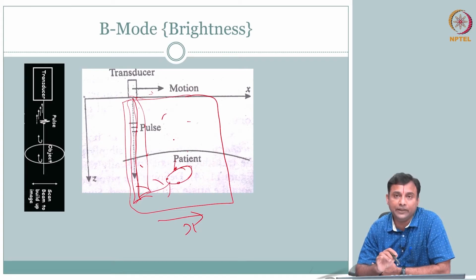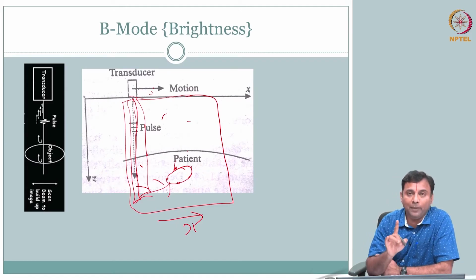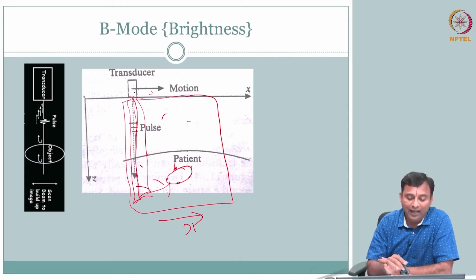The challenge here, which we will try to address and overcome, is how do I step. One parameter we talked about is how soon I send the next pulse, the pulse repetition rate. But now the point is, how much can I step, say if I am going from left to right. Ideally I need to be as close as possible.